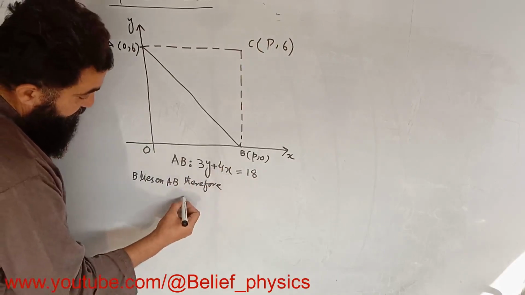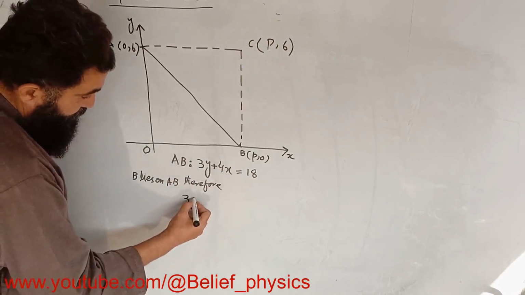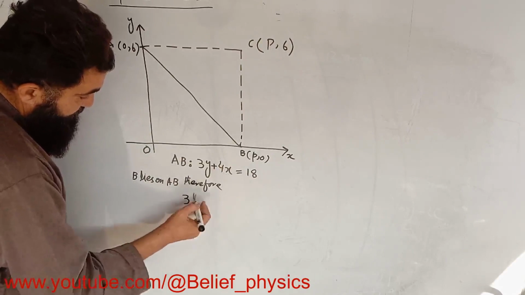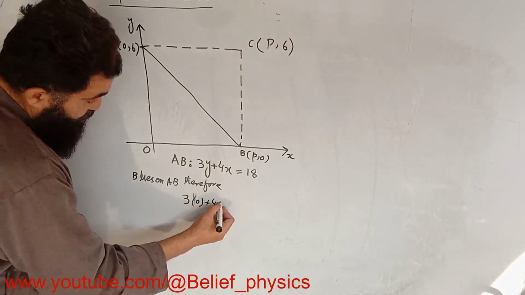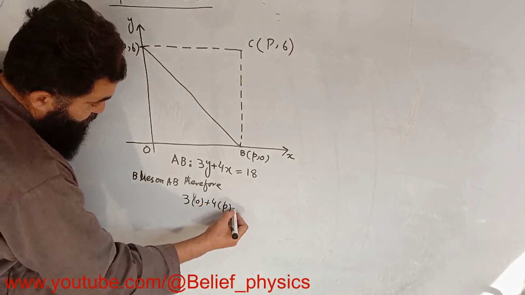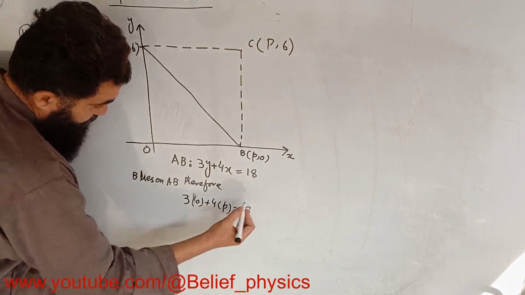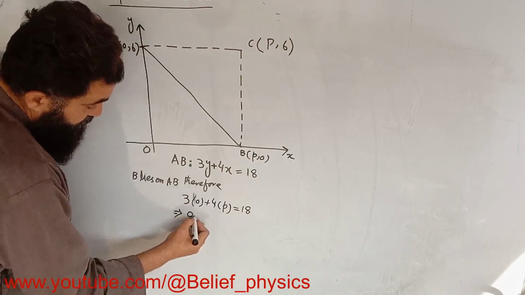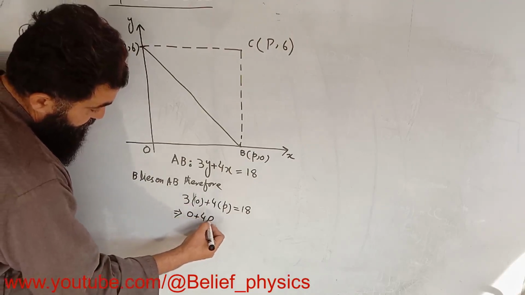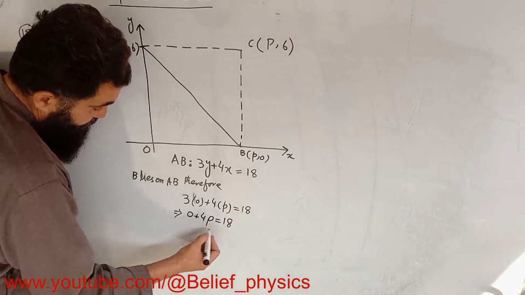Put here, we get 3 into 0 plus 4 into P is equal to 18. Therefore 3 zeros are 0 plus 4P is equal to 18.